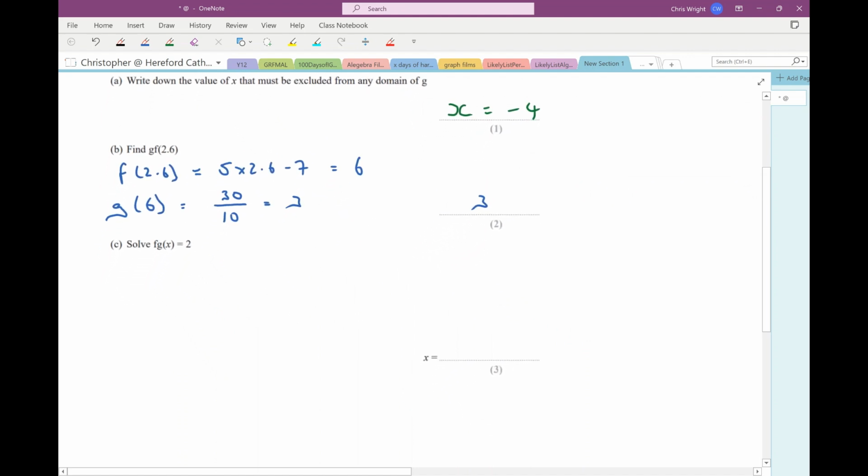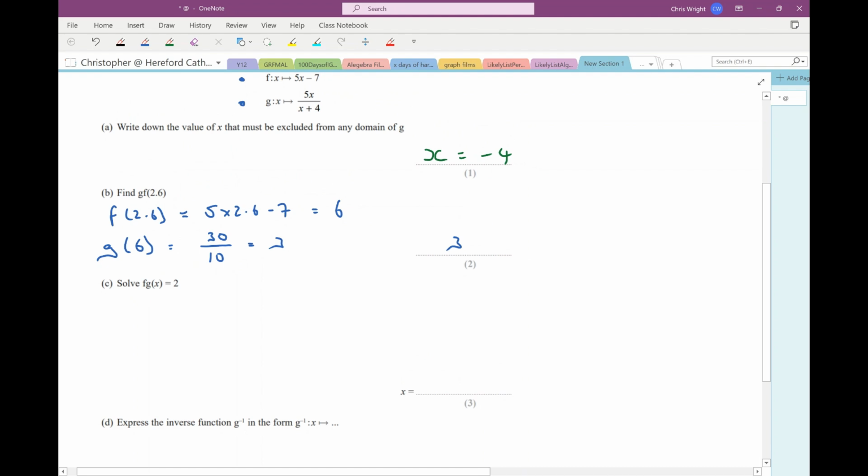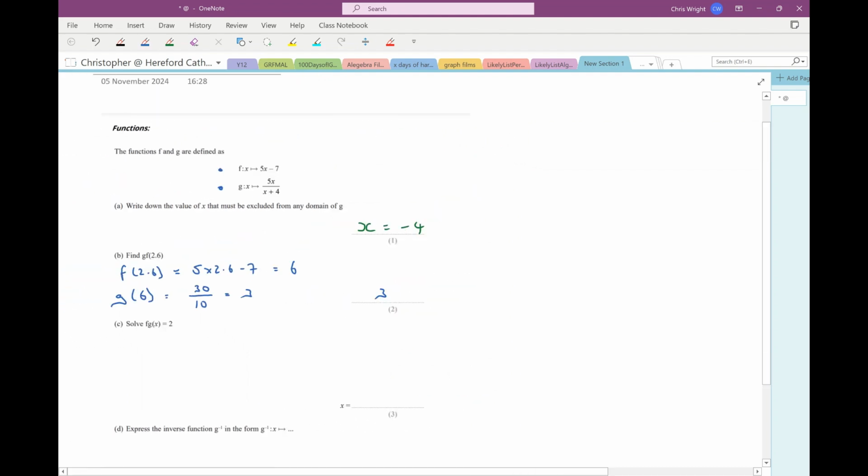Okay, part C. Solve fg of x equals 2. Let's have a look. I'm going to write that over here so I can still see my functions there. So I've got fg of x equals 2. Well, g of x is equal to that. So I've got f of g of x, and g of x is 5x over x plus 4.